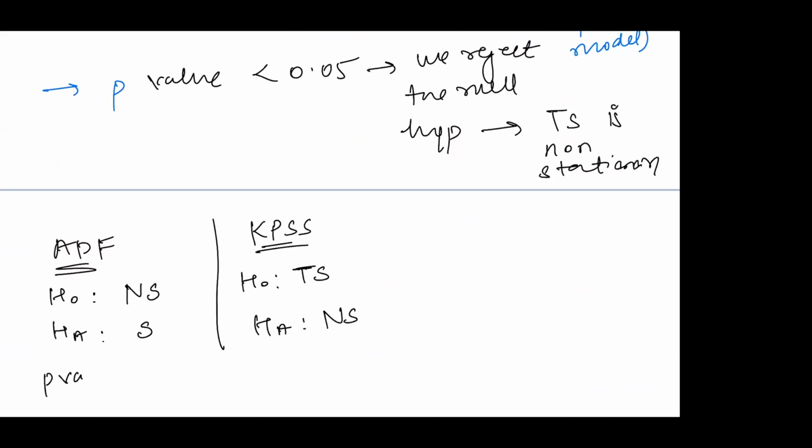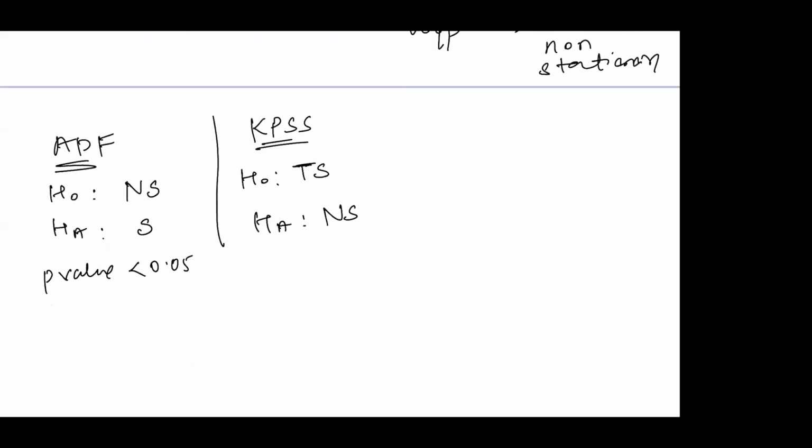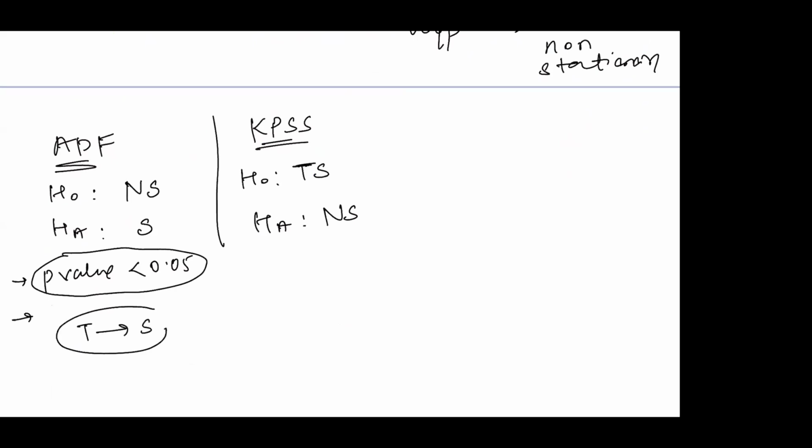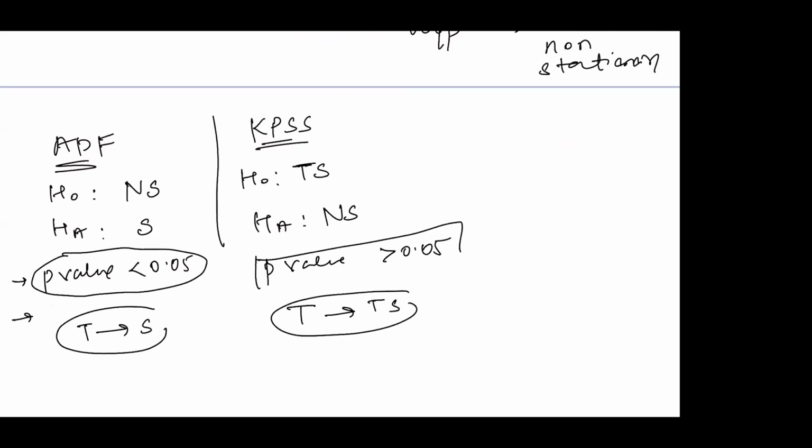In ADF, we want the p-value to be less than 0.05 to get that our time series is stationary. In this case, we want the p-value to be greater than 0.05, and that is how we'll get that the time series is trend stationary.